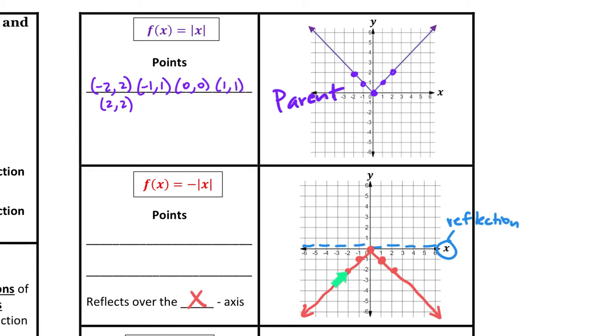And so what are the locations of these 5 points? This point is -2, -2. If I plug in -2 in here, it's going to give me a +2, which becomes a -2. So the points are -2, -2. This point right here is -1, -1.